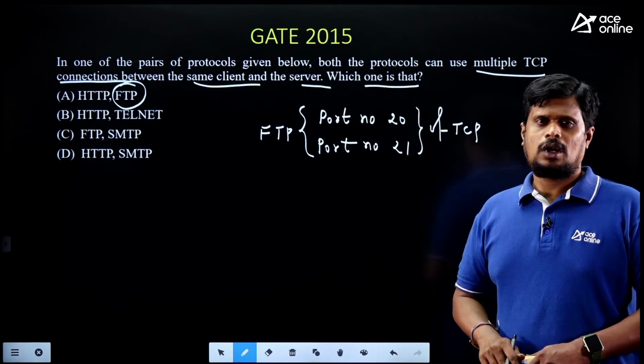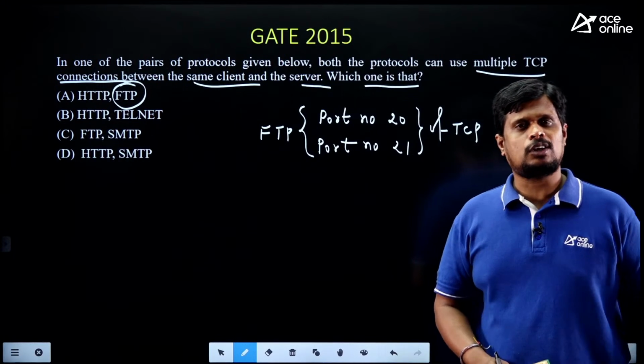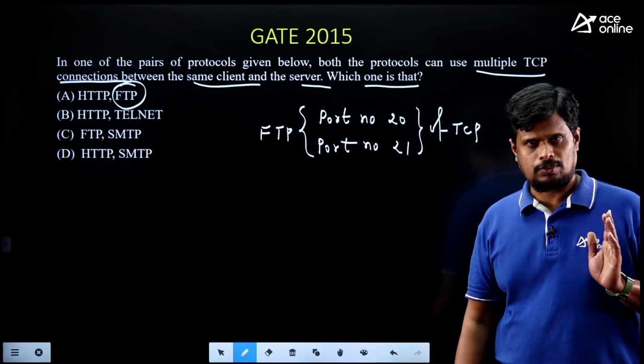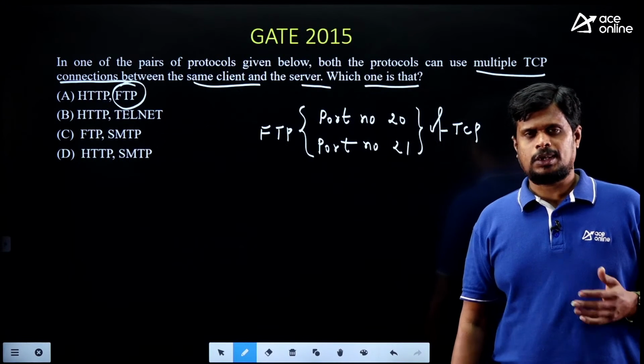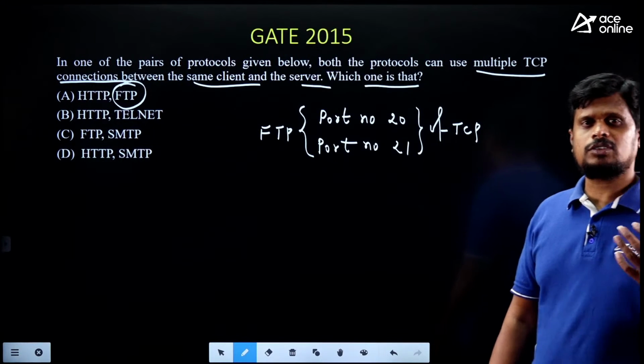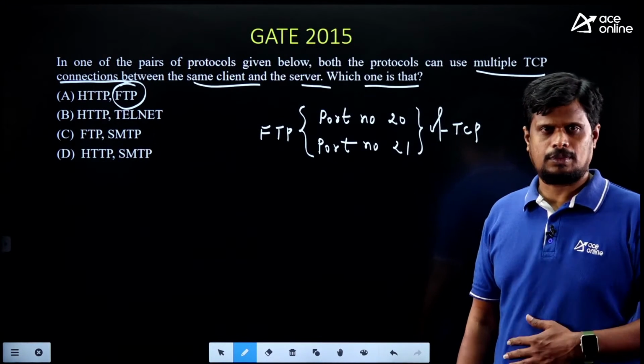You know that a persistent connection means we can transfer multiple packets or multiple objects in the same connection. But in a non-persistent connection, for every object we need a different connection.